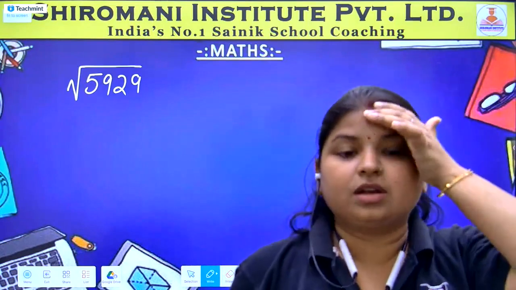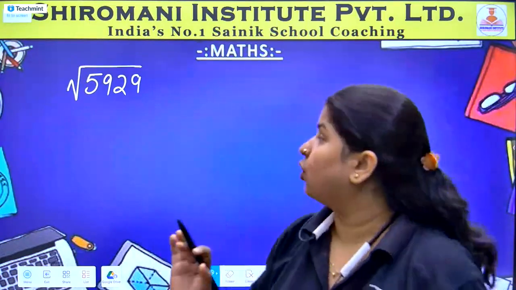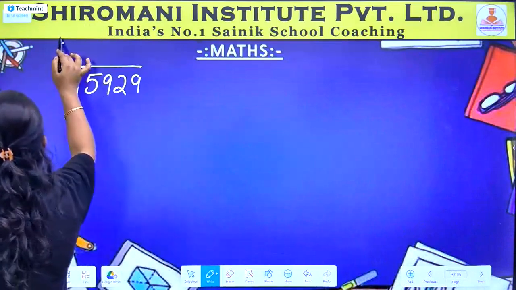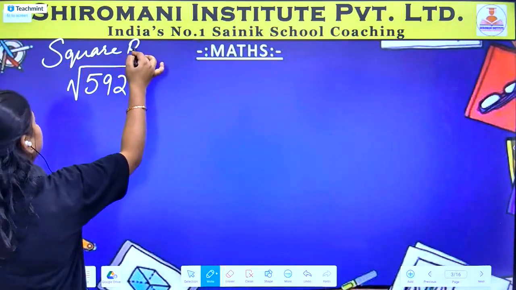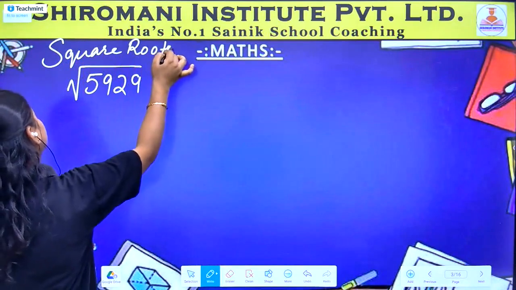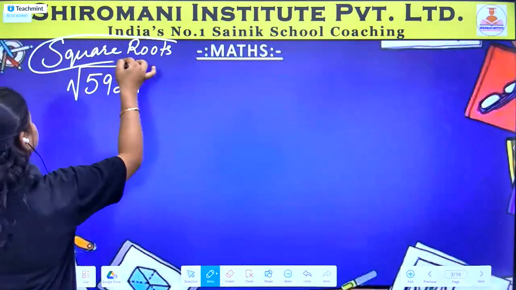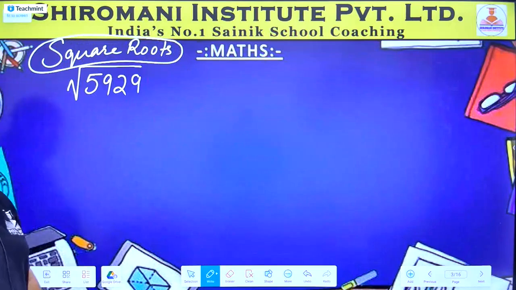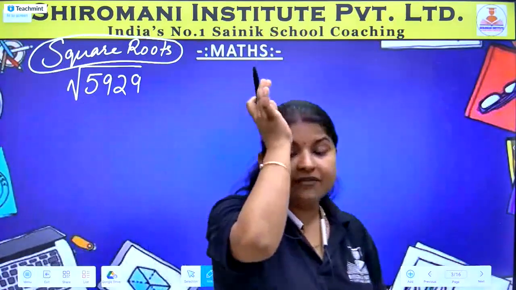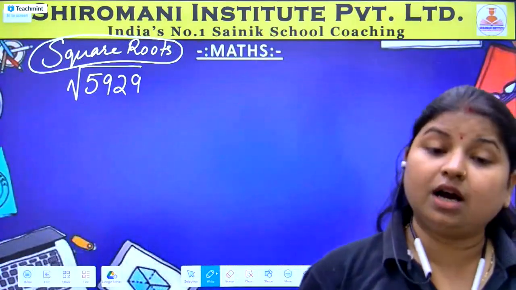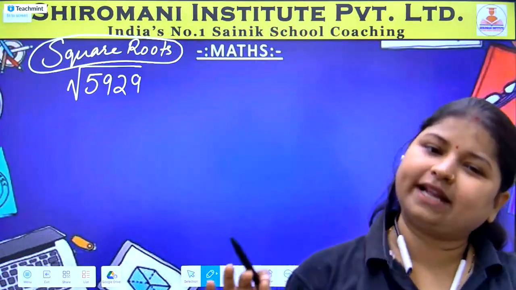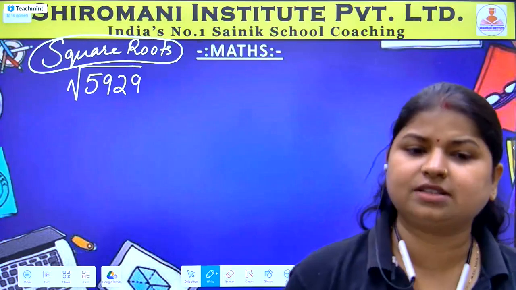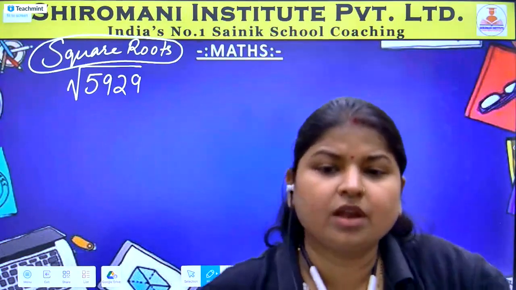Okay. So today we are going to learn how to find the square roots, that too by using the short trick. I have asked you to learn the squares at least from 1 to 10.